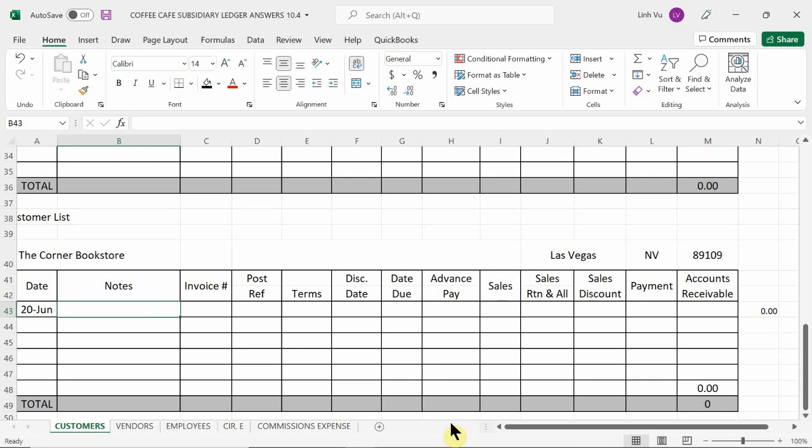Would you just put 50% COD? Right, but you would also put the check number so you have proof that they paid.